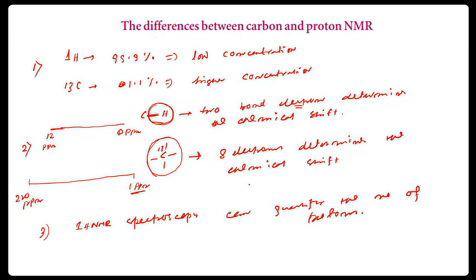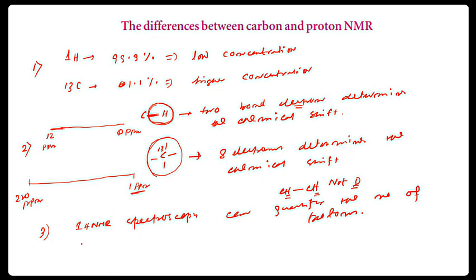Because of the 99% abundance. If this is 1H, that is also 1H. For example, this is CH, this is CH. If this is one proton, there is a 99% probability the other will be H, not D. That's why it can quantify the number of protons.